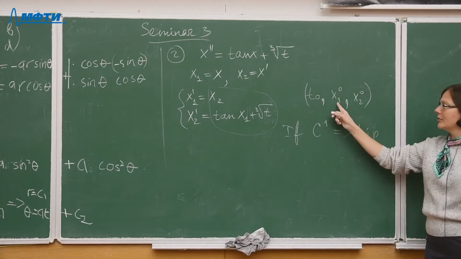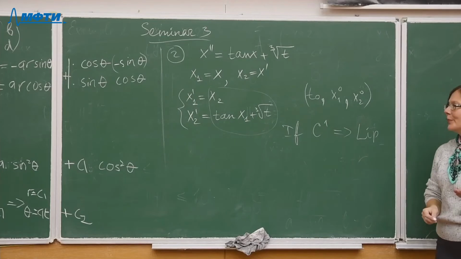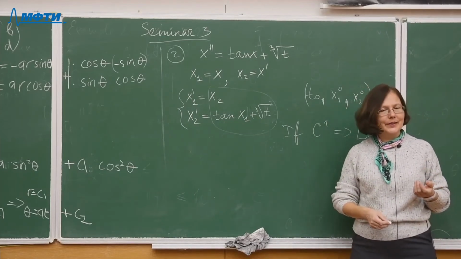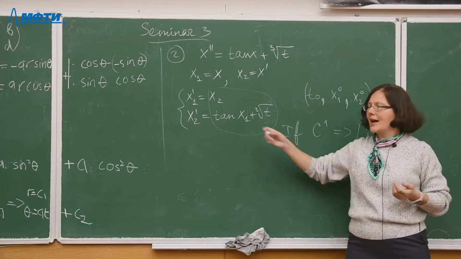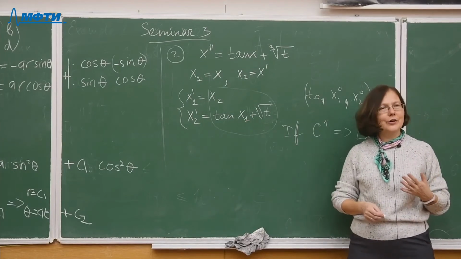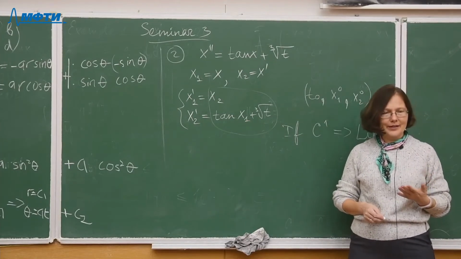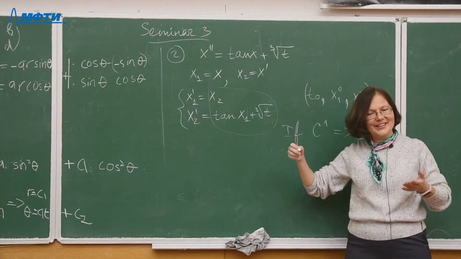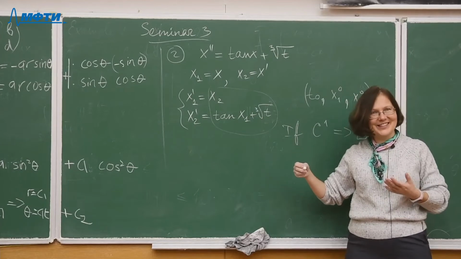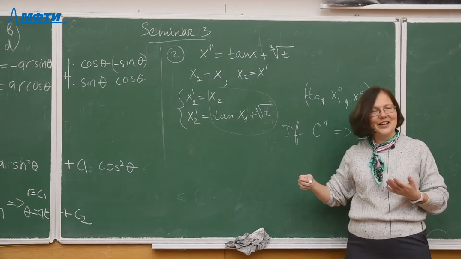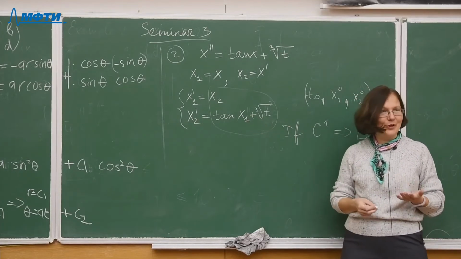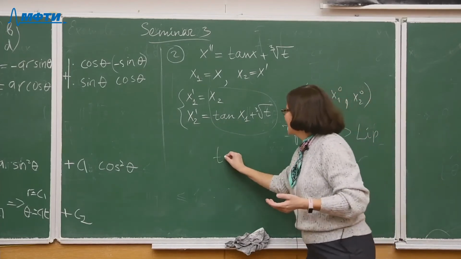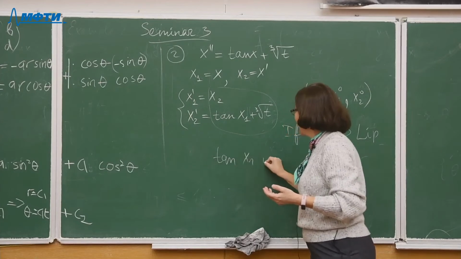But what about x10? Look at tan x1. The function tan x1 is not defined for several values of x1, and so it is not locally Lipschitz in the neighborhood of these points at which tan x is not defined.